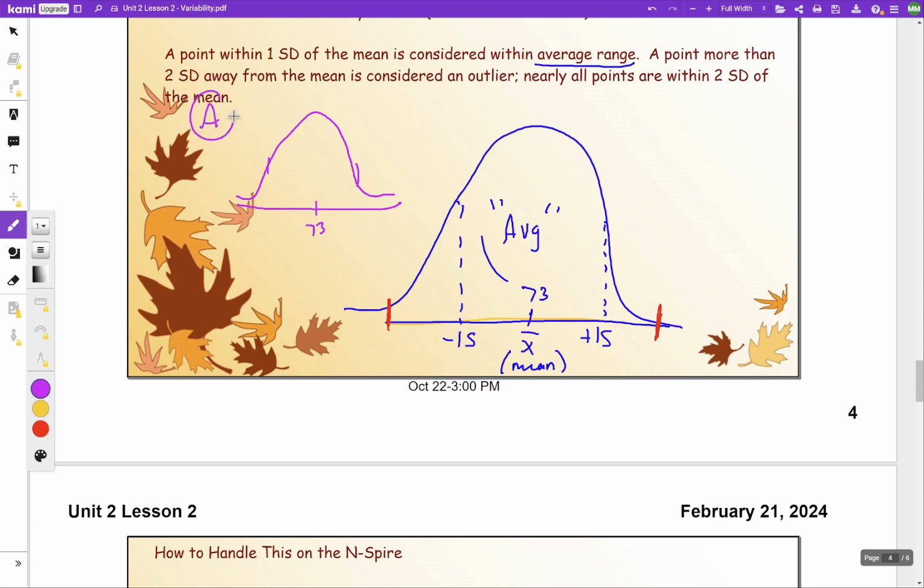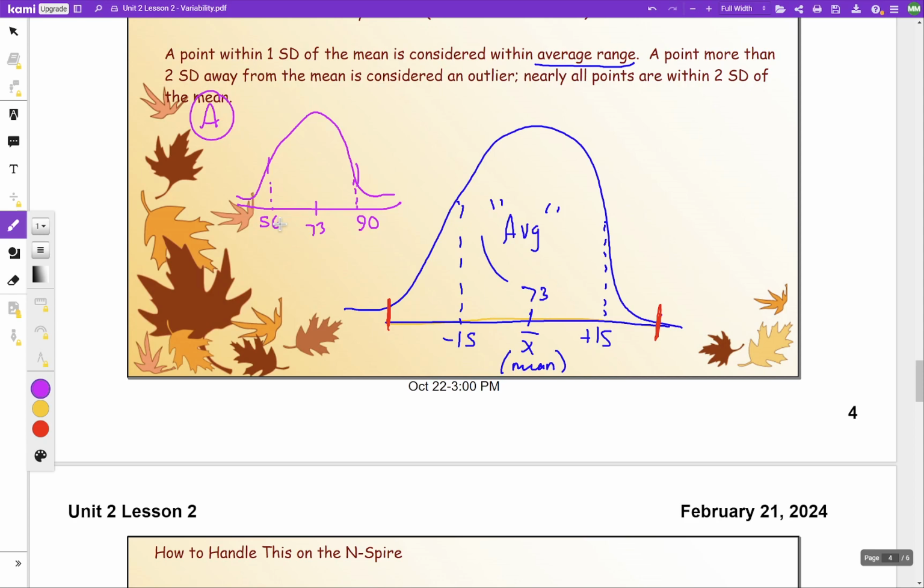For Class A, the standard deviation was about 17. Because it's about 17, we can add 17, and we're also going to subtract 17 as well. We're going to look at this and say, oh, 56 and 90. So the average range for Class A is between 56 and 90.